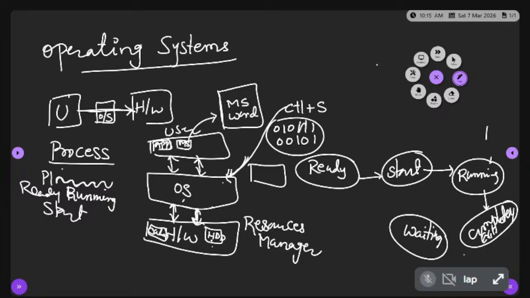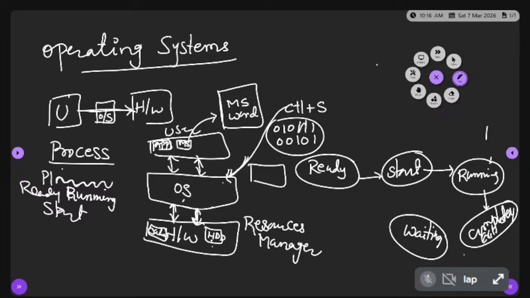Somebody calls at your door, then you have to pause, stand up, go to the door, open it and talk to that person for a while. That moment is called the process evaluating that problem being on hold or paused. That is called waiting, because somebody came to my door and we need to answer them.